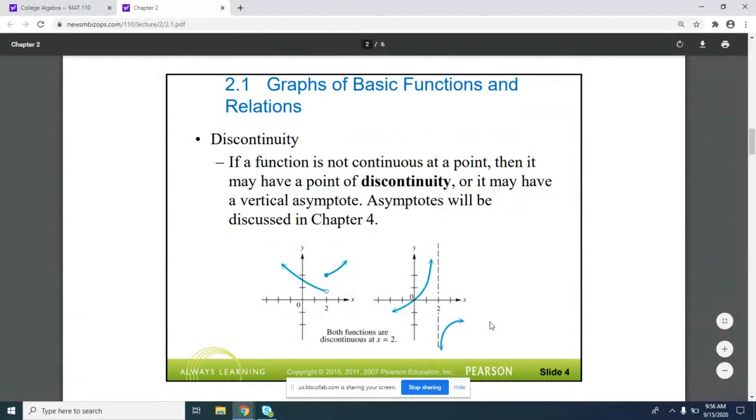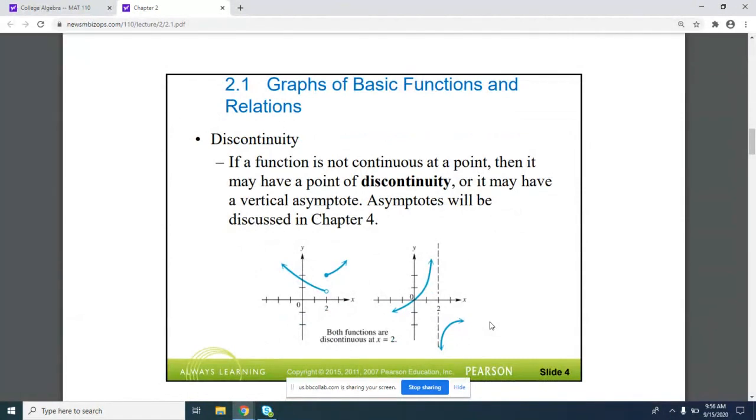Now let's talk about a discontinuous graph, or a graph that has what's called discontinuity. If a function is not continuous at a point, then it may have a point of discontinuity. What a point of discontinuity means, if you're tracing your graph, so I'm going to take this first graph for example, and if I were to read it from left to right, notice as we read this first graph from left to right, it decreases.